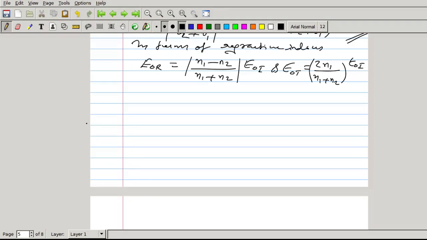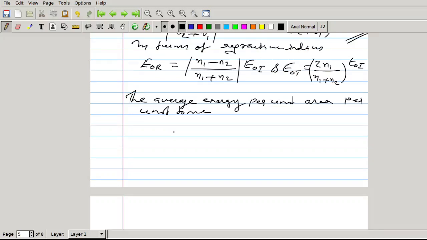The average energy per unit area per unit time transmitted by the incident wave, we take as the intensity of the incident wave.